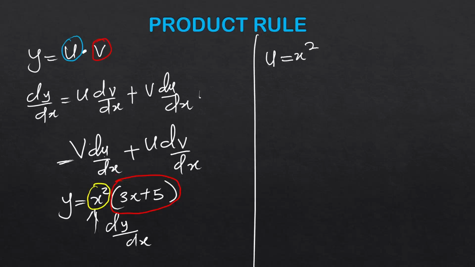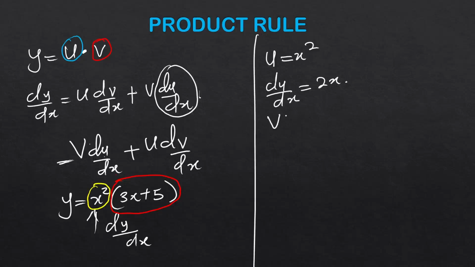Now, the next thing is, whenever you have u equal to x squared, like I said in the first part, you need to now say du with respect to what? x. And this is going to be 2x. You're done for u, and you have found our du/dx.